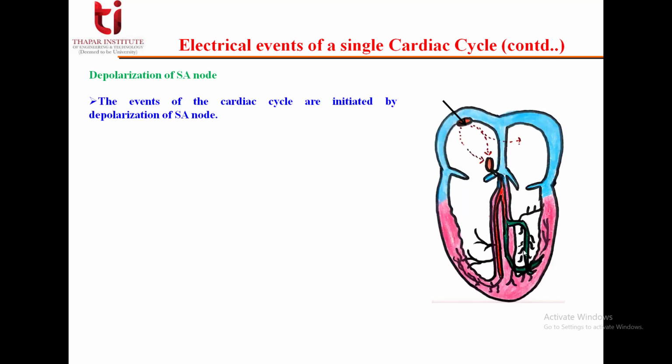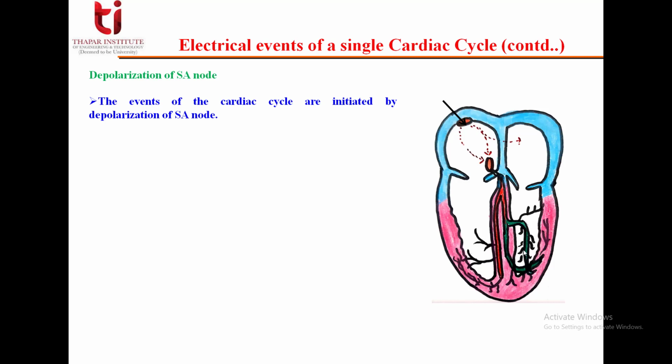Now let's start with the different events and which particular part of the ECG signal each corresponds to, or we can say a single cardiac cycle. These are the electrical events associated with a single cardiac cycle. As we have already seen, depolarization of the SA node is the beginning of that electrical event.